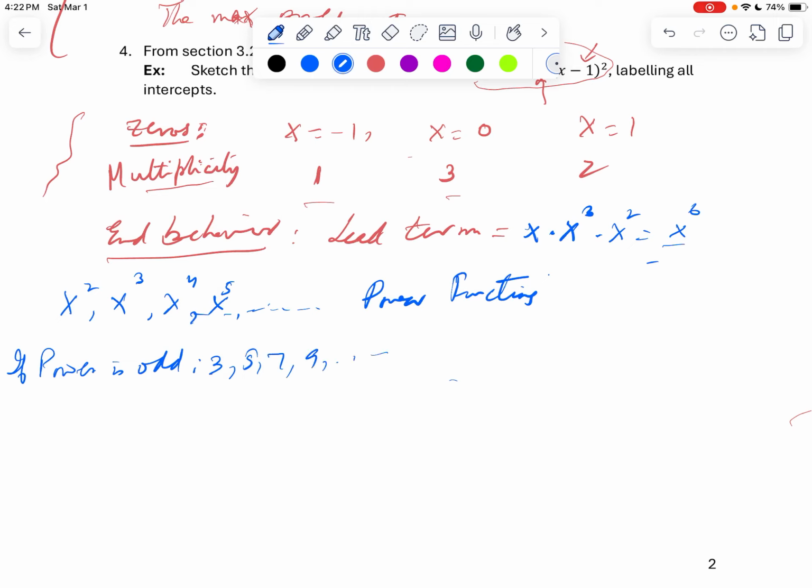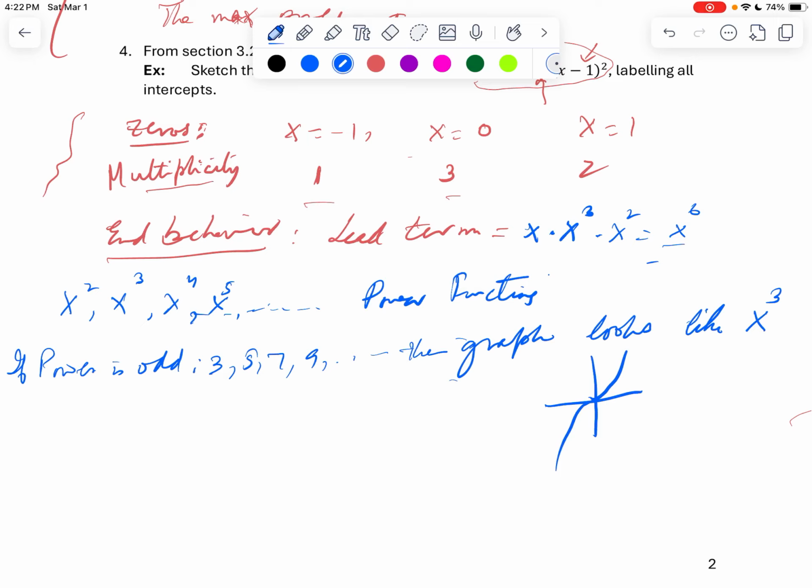The graph of the function will behave the same way, or it will look the same as the graph of x cubed, something like that.